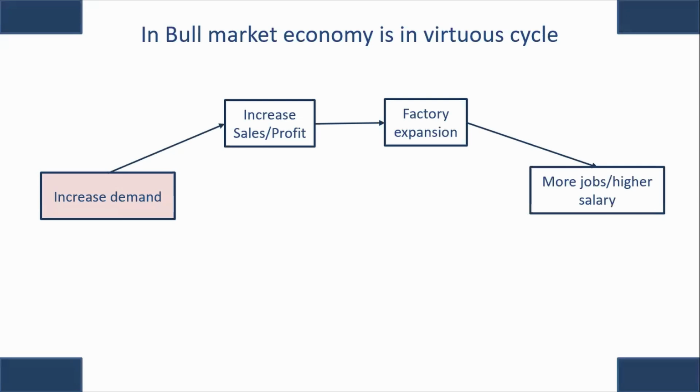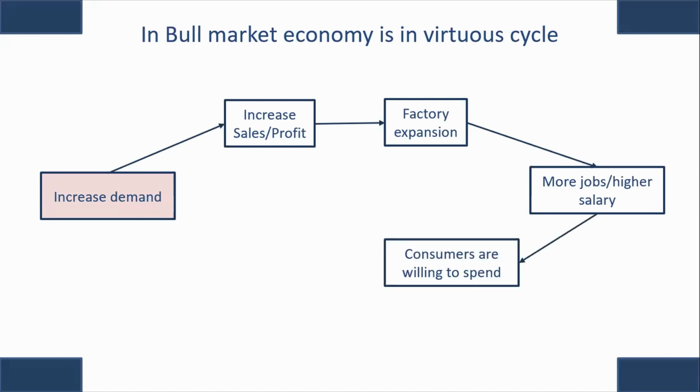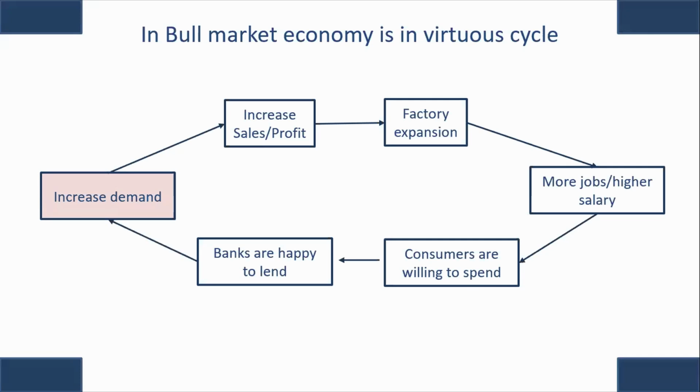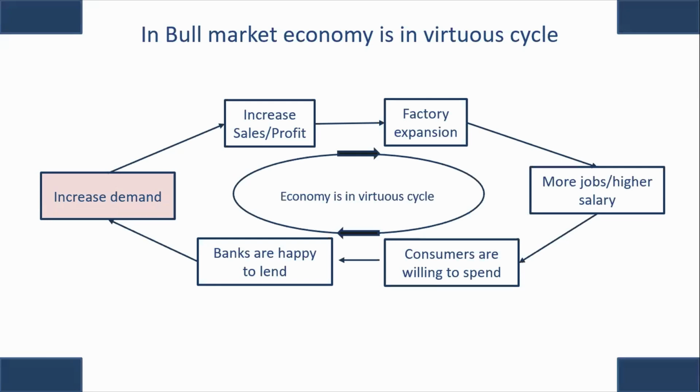Because of that, there are more jobs in the market, the salaries are getting higher, promotions are happening, and because of that, consumer confidence is very high, they are willing to spend, and banks are happy to lend both to individual retail people as well as to companies. And that further fuels the demand. So it becomes a virtuous cycle.